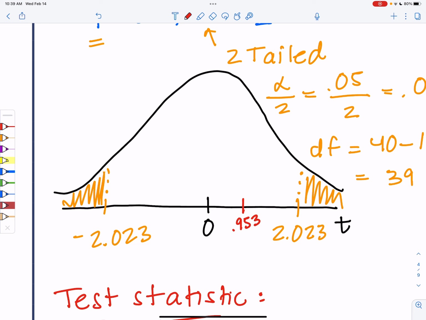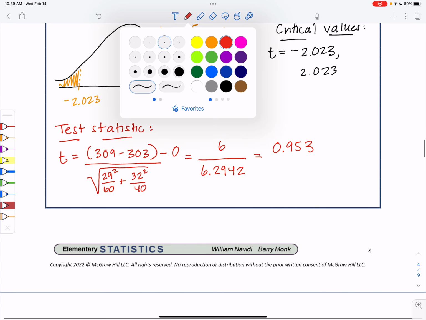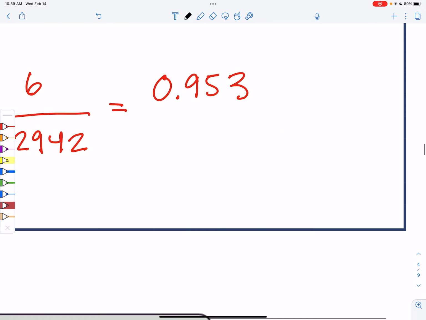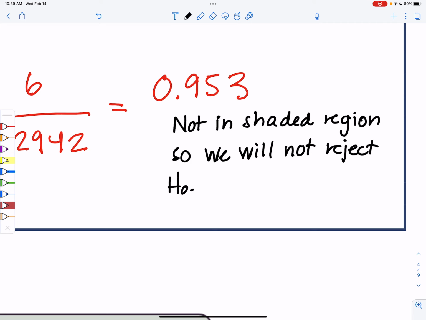The key is it's not in the shaded region. So because this is not in the shaded region, which is what we call the rejection region, we will not reject the null hypothesis.